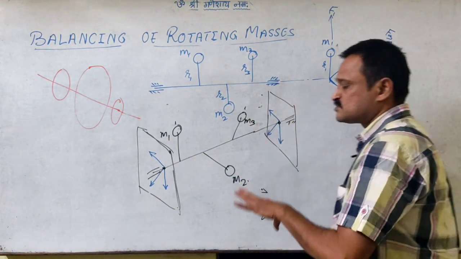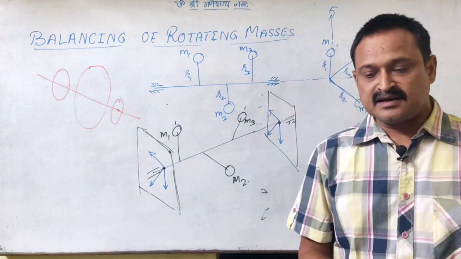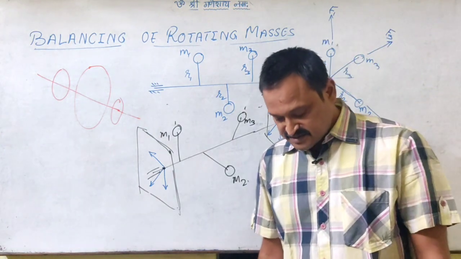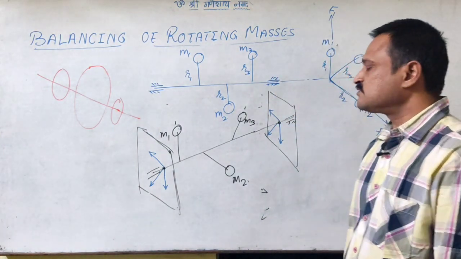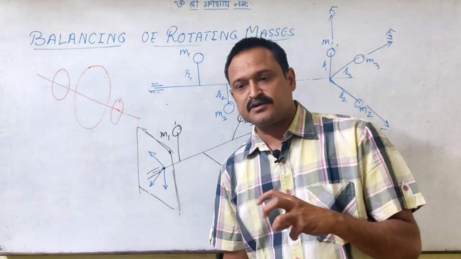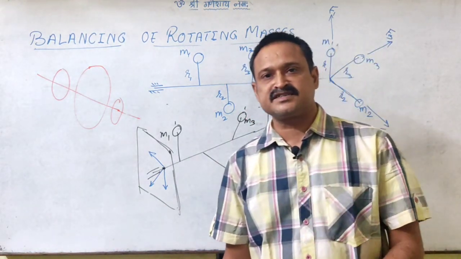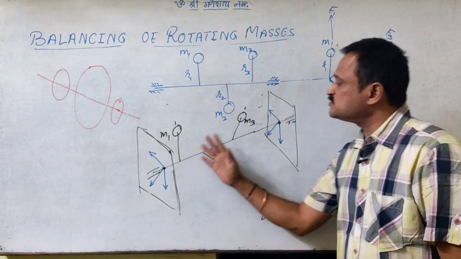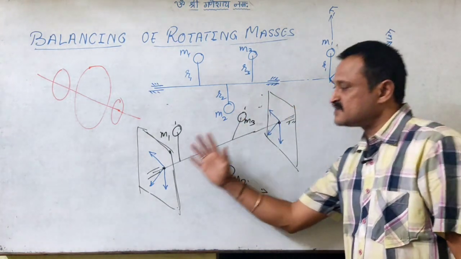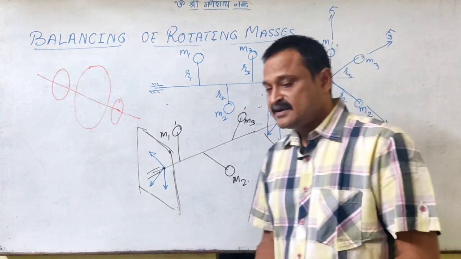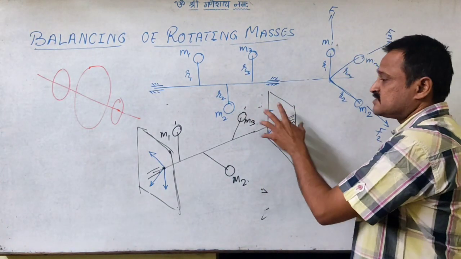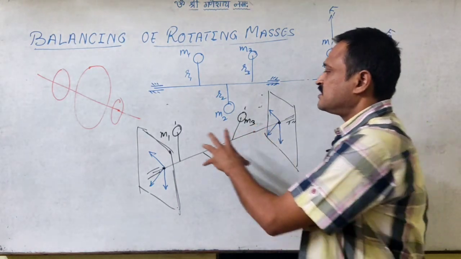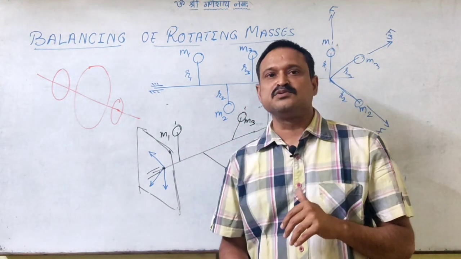Now we can get the solution; there are two approaches. One is the graphical solution and the other is the analytical solution, out of which we will first try to understand the graphical solution, wherein we will be superimposing all these forces on the reference planes. As we have the forces, we can draw the vector diagrams for them.